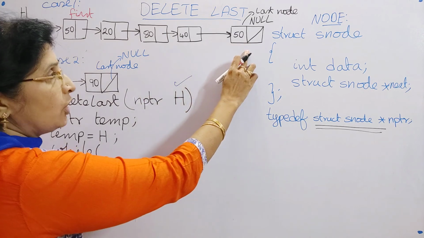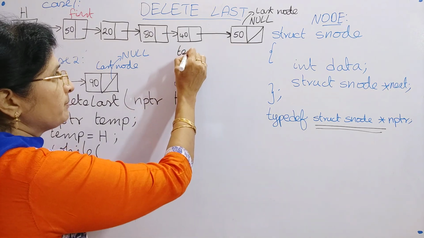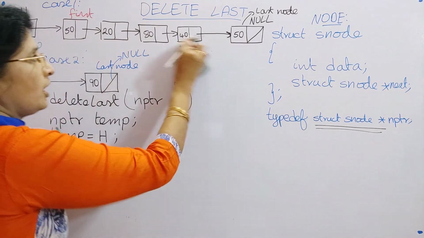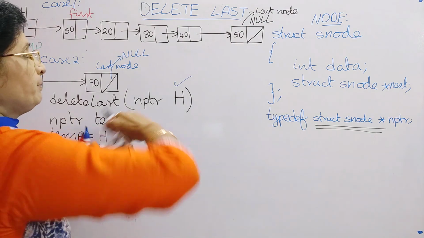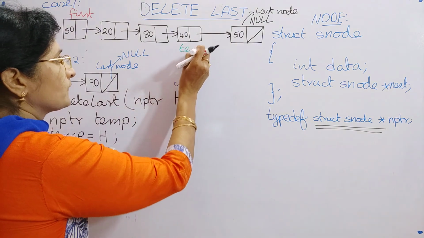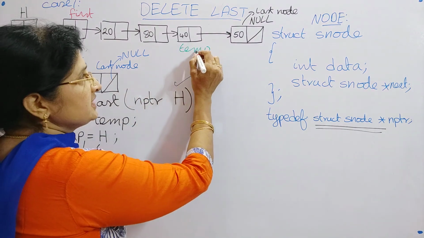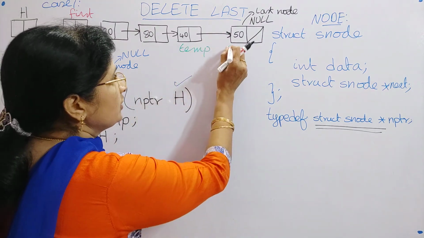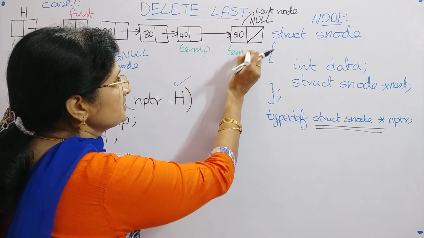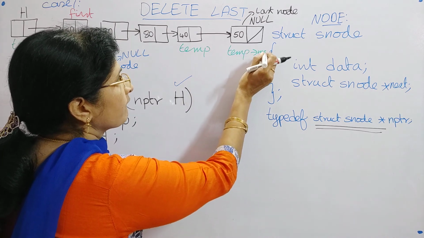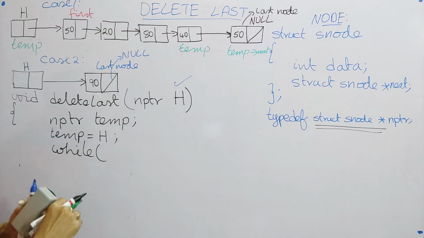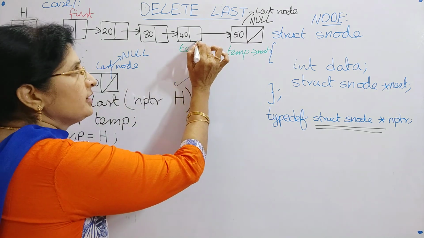For example, if you want to stop temp here, what is the condition that you can give? So this is temp, and what will be the address of this one? It is temp next.